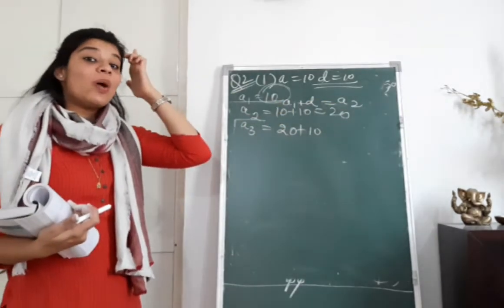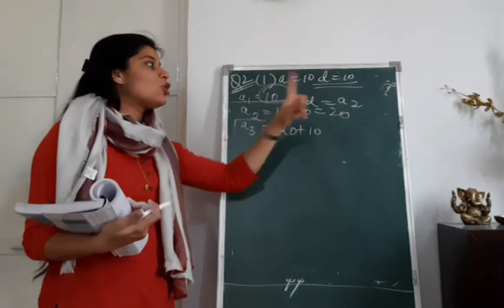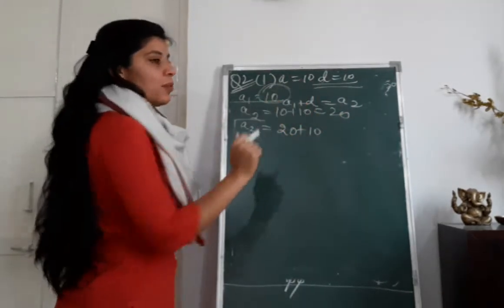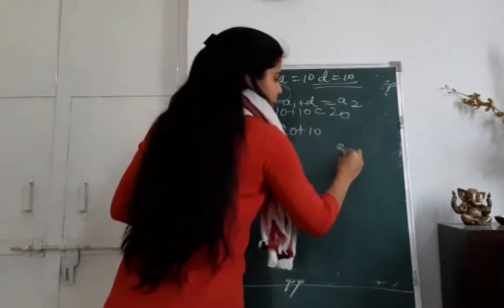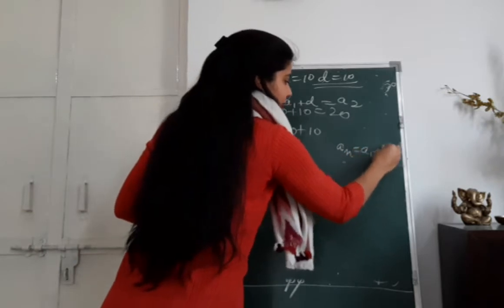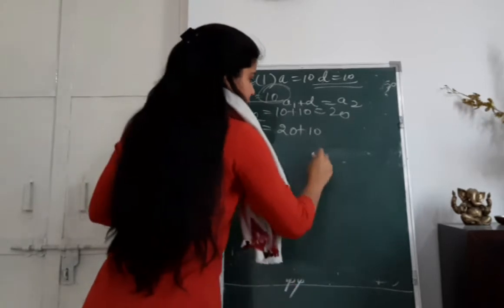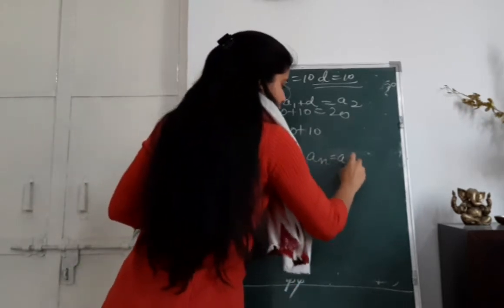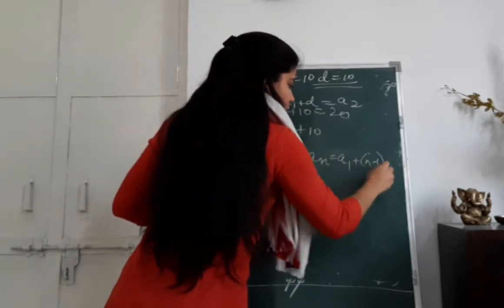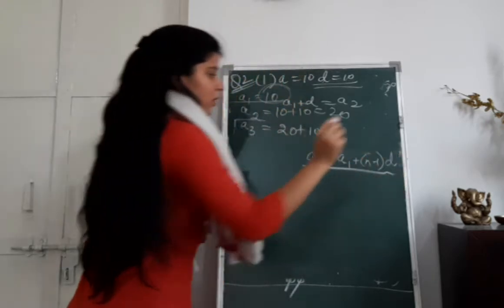I explained this to you in your formula: An is equal to A1 plus N minus 1 into D. So I am getting this from that formula. Let me write it quickly so that it's clear.